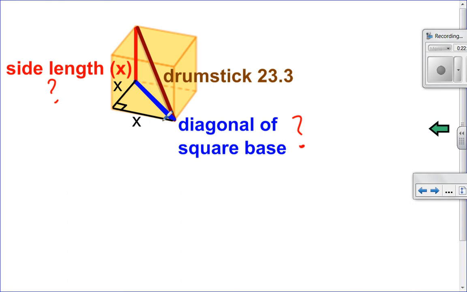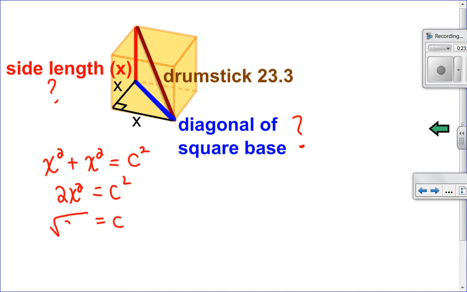So let's use the Pythagorean theorem to come up with an expression for the diagonal of the base. x squared plus x squared is equal to c squared, which would be the diagonal. So I'm going to have 2x squared equal to c squared. So take the square root. Now I know when I take the square root, it will be positive and negative, but I'm talking about the length of the diagonal, so it will only be the positive root.